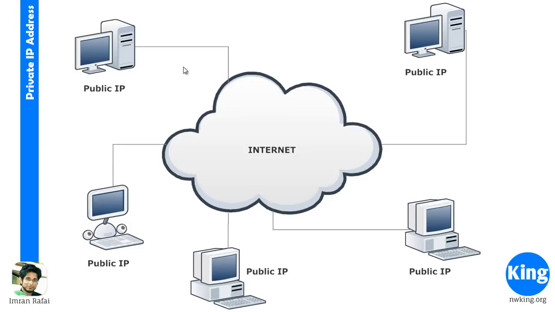So when NAT and public and private IP came about, it reduced the number of IP addresses that had to be assigned to computers, and each computer in today's scenario does not have an IP address that is internet facing. So the whole design of the internet had to be changed when the IPv4 addresses started running out.